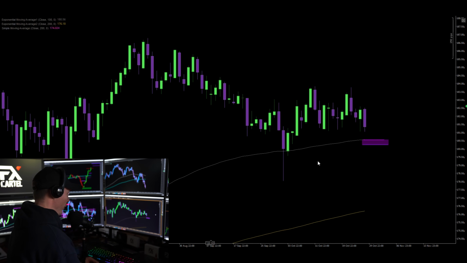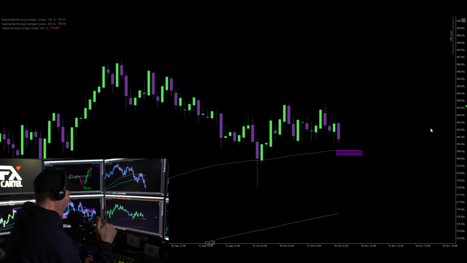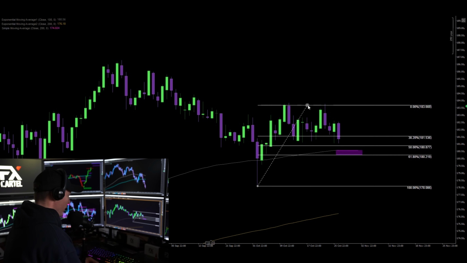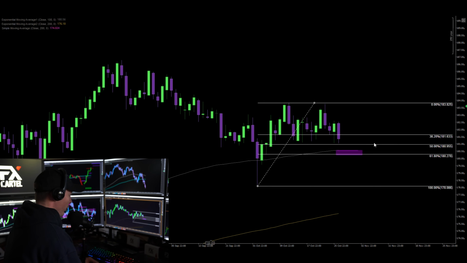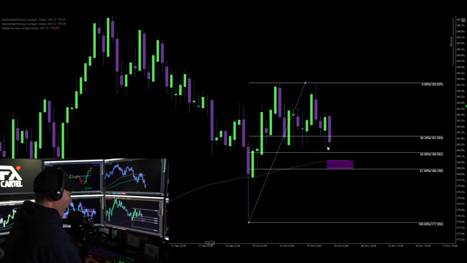So this is just the first zone of possible interest, but if we were to break down the whole thing the way it was prior to this, you see we had the 50 fib there that was retested for the second time, right there.